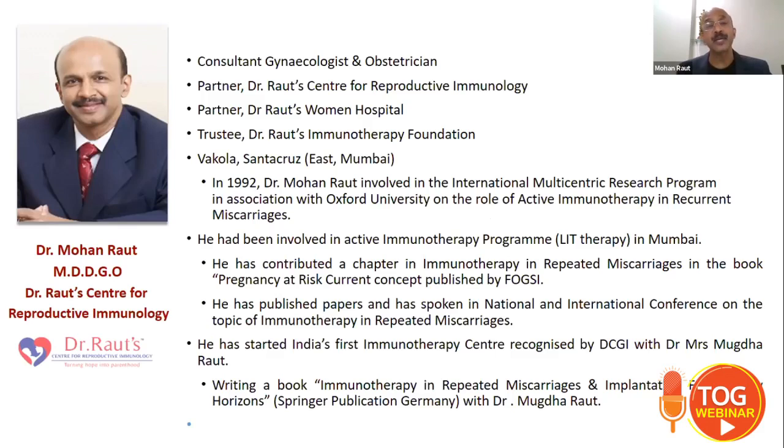In the second webinar, we will discuss when we should consider immunomodulation and in which cases it is going to be useful. In the third webinar, we will discuss how immunomodulation is done, how various immunomodulatory treatments or immunotherapies are given. And in the fourth webinar, the most important part is about the controversies, the recent evidence and future of immunomodulatory treatment in recurrent pregnancy loss and repeated implantation failures.